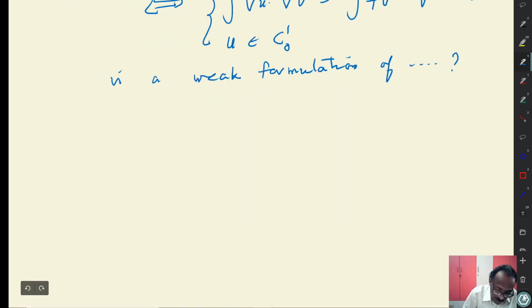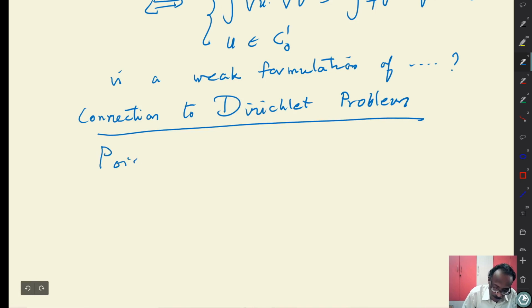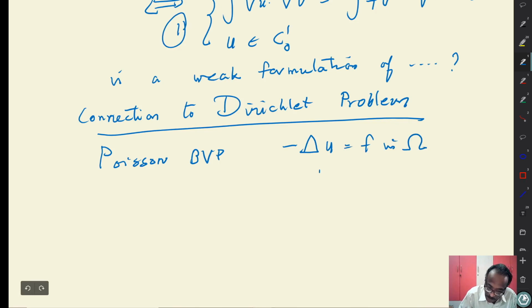So that's why we are giving a connection to the Poisson equation, the connection to the Dirichlet problem. Recall the Poisson boundary value problem: minus Laplacian of u equal to f in omega, u equal to 0 on the boundary of omega. I call the earlier one weak formulation 1, and this is basically a strong form.